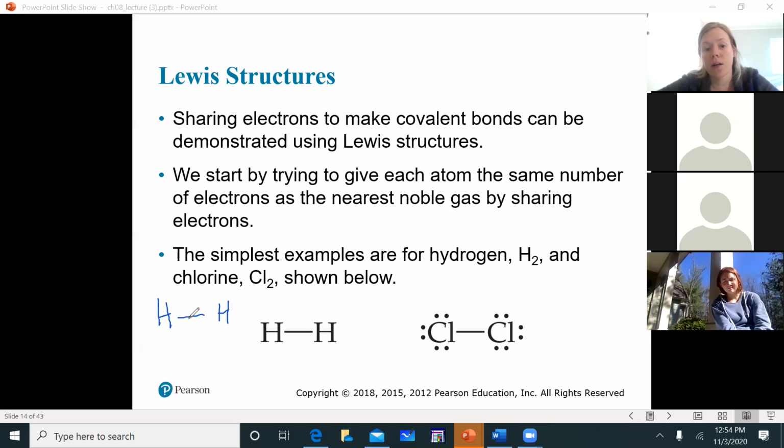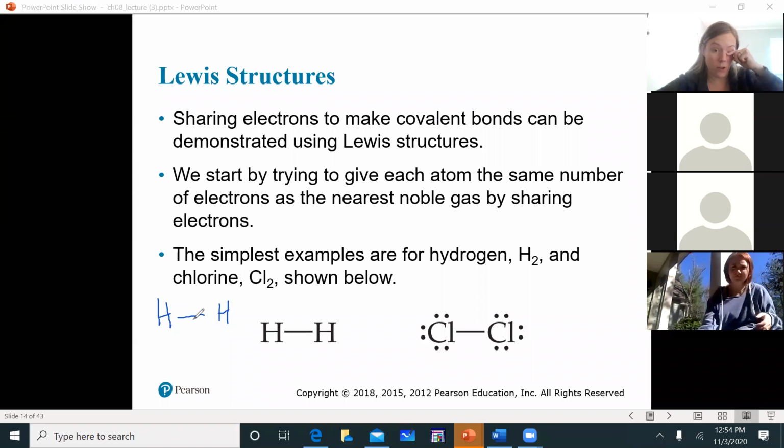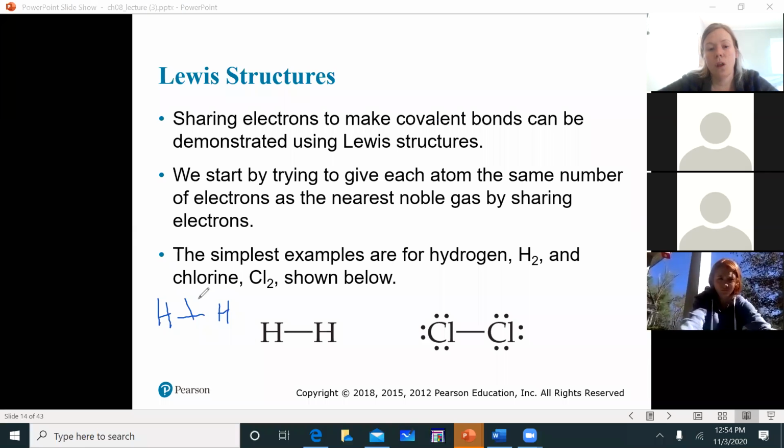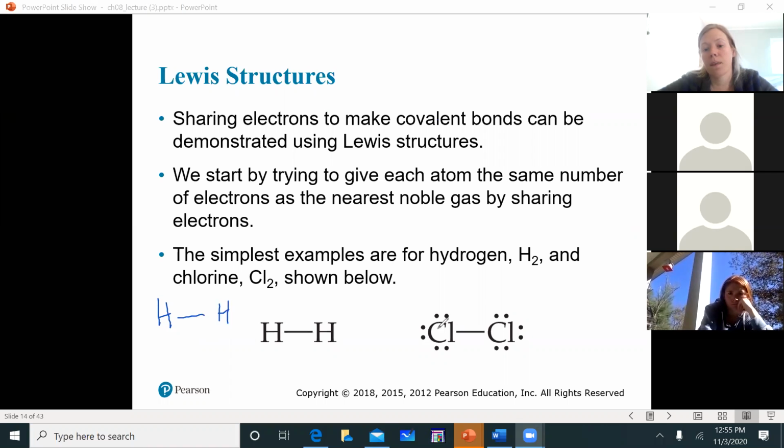And this bar right here represents 2 electrons. When you see that bar, I want you to equate it to 2 electrons. So it's more stable for the hydrogen to be bonded to itself, because now this hydrogen has access to 1, 2 electrons, and this hydrogen also has access to 1, 2.